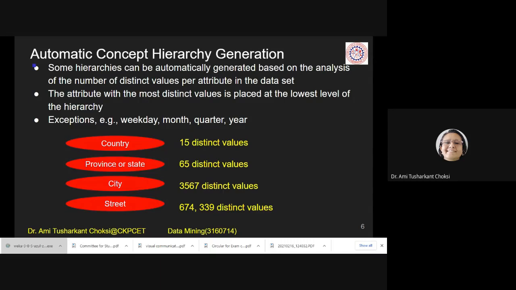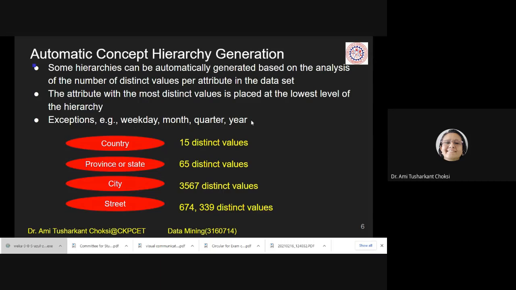According to what we understand, first week is there, then month, then quarter, and then year. So the topmost should be year, right? But according to the distinct values, can we say this? Let me say, weekdays 7, month 12, quarter 4, year 1. So can we say, based on the number, that we will be able to generate the concept hierarchy for these exception concepts?